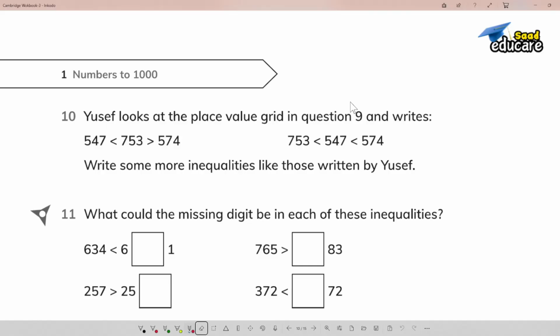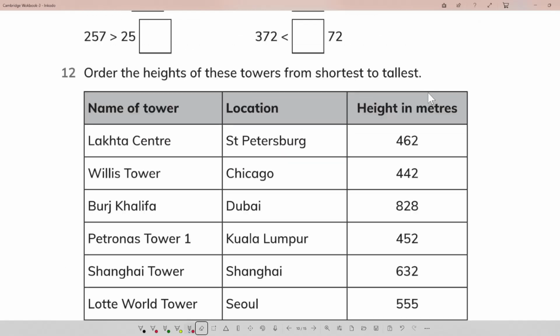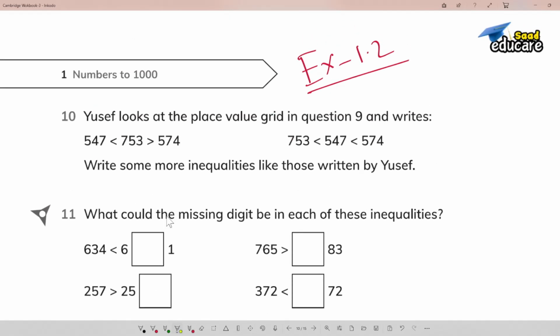So we are in exercise 1.2, right? Yusuf looks at the place value grid in question 9 and writes that 547 is less than 753 and which is greater than 574, and here is 753, but here it mentions 753 is less than 547 and 547 is less than 574. So what do you think? It's wrong.